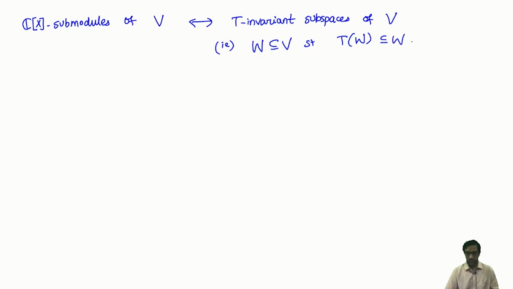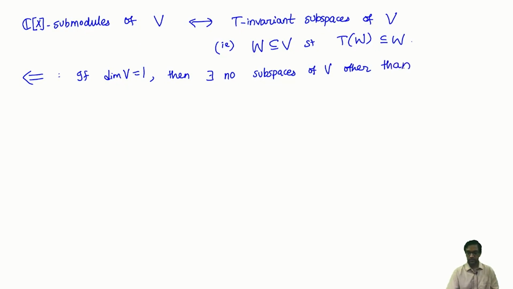So now let's prove one direction. If the dimension is 1, then of course there are no subspaces other than 0 and the whole. We're not even talking about submodules here. There are no subspaces of V other than 0 and the whole.